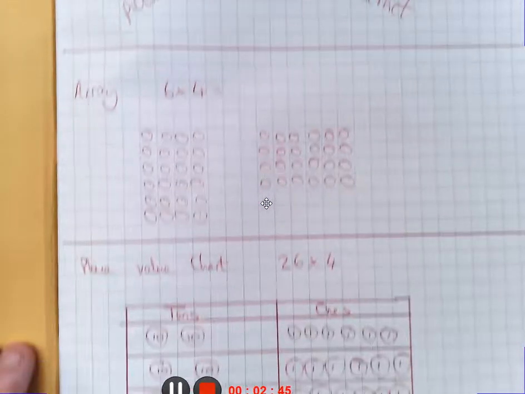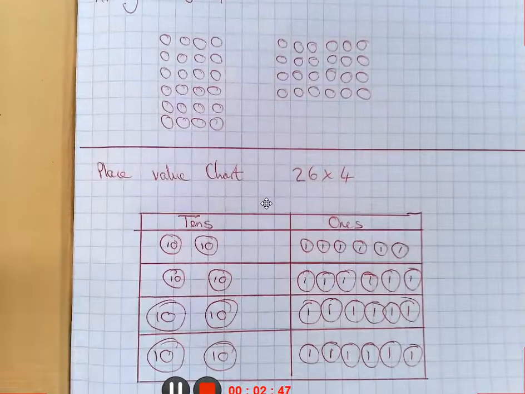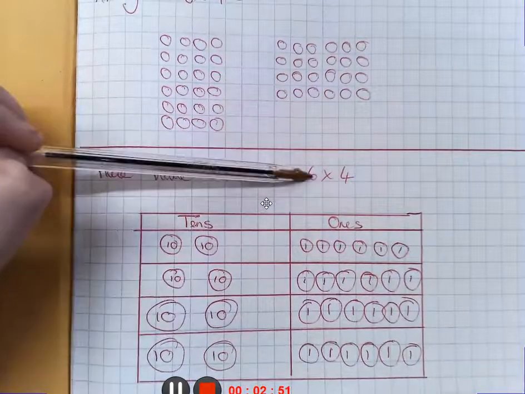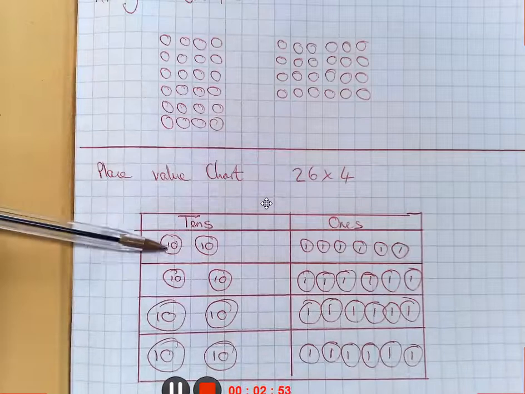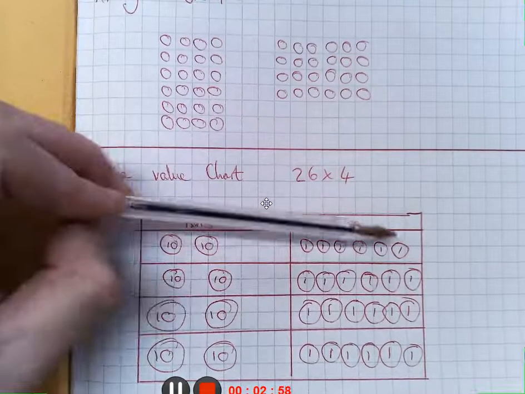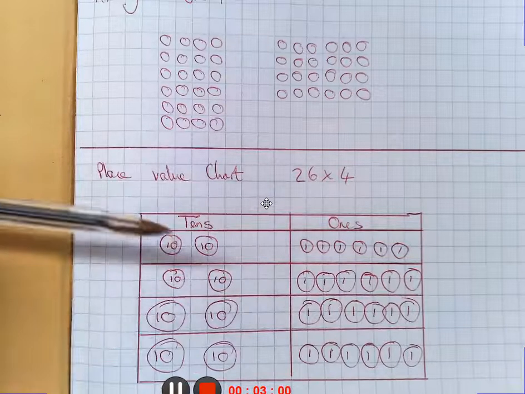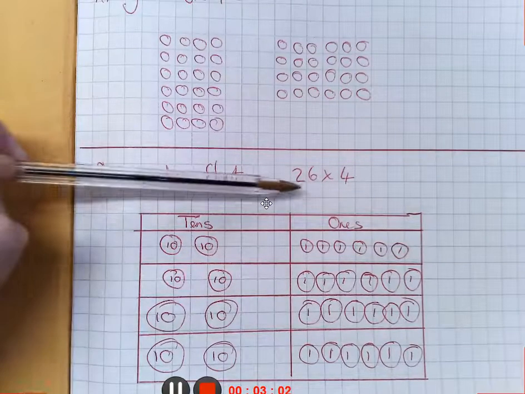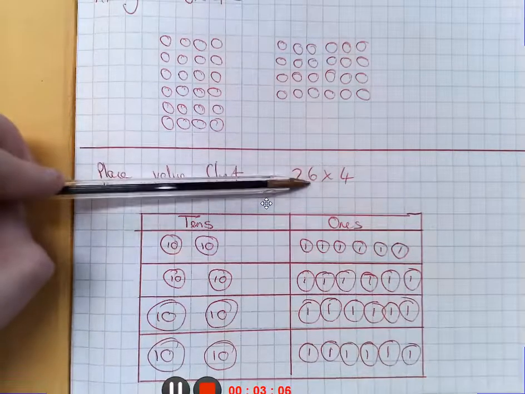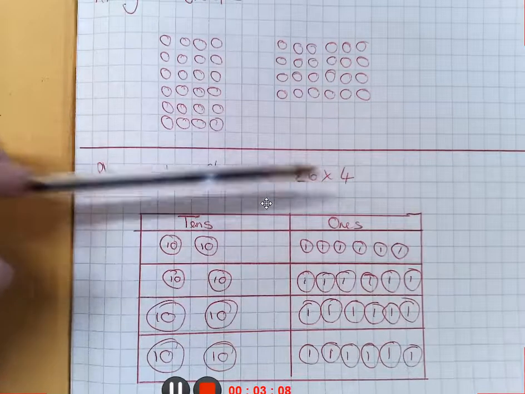So from there, we then progress on to place value charts here. We start looking at 2-digit numbers multiplied by a single digit. And again, we do use counters, and we do that physically in the classroom. But we then start organising them into these columns here. So we'd have a look at 26, and we make 26, and we talk about how 26 times 4 is 4 lots of 26.